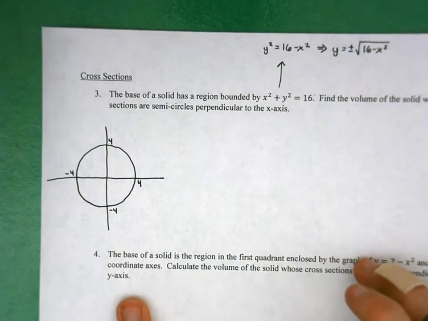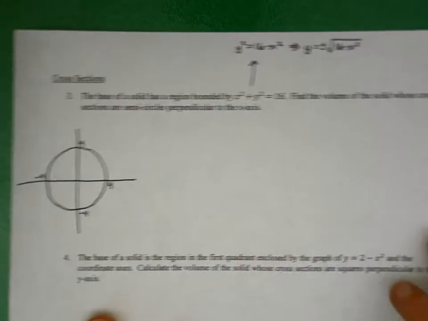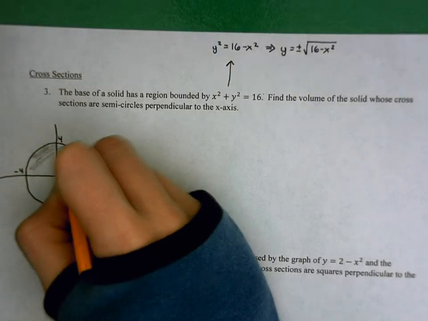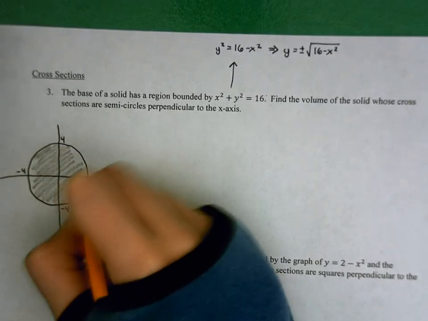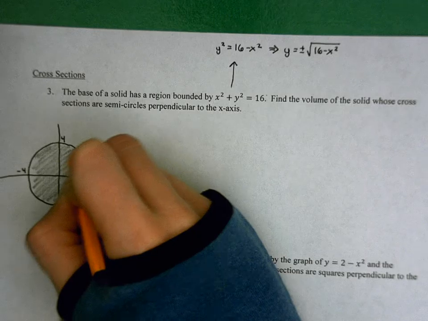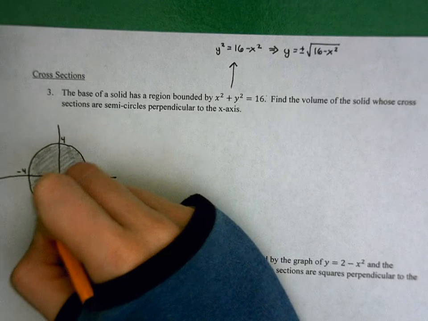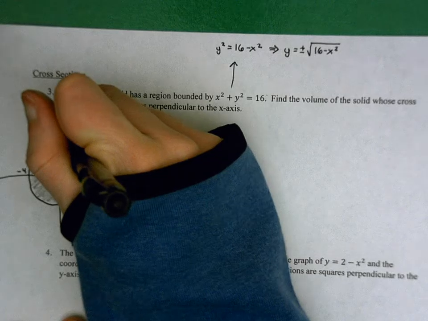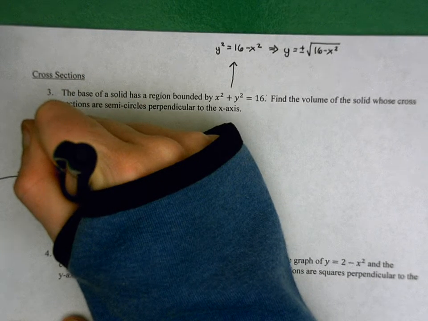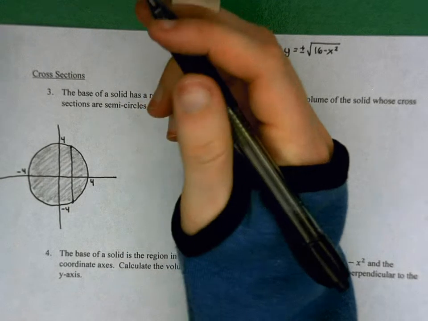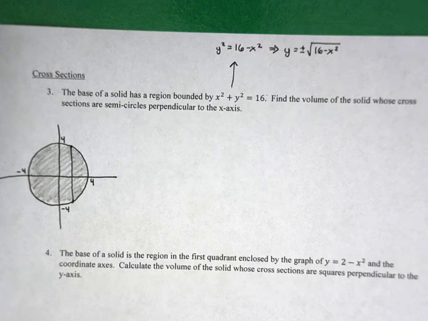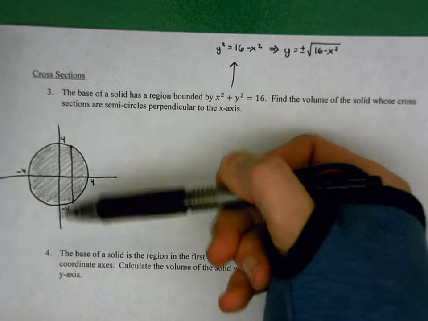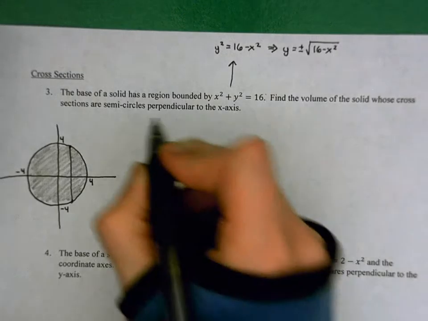Okay. We are going to be finding the volume of the solid whose cross sections are semicircles perpendicular to the x-axis. So when I draw in my representative side length here, it's going to be perpendicular to the x-axis. So I'm going to go like this. Okay. And this is a semicircle, so coming up out of this paper, right, 3D is a semicircular cross section.